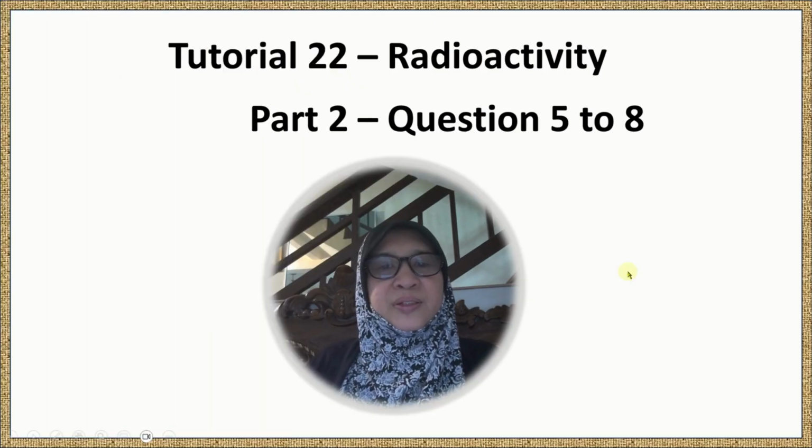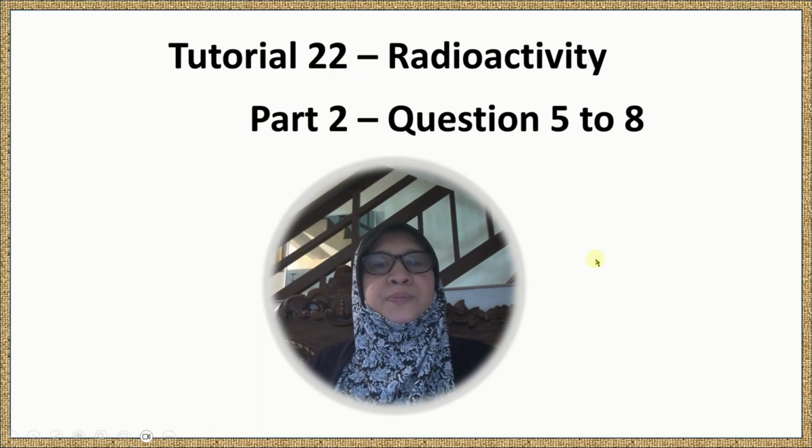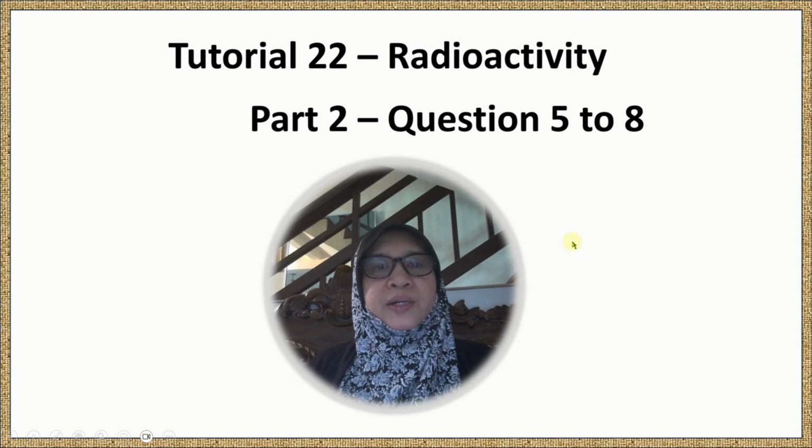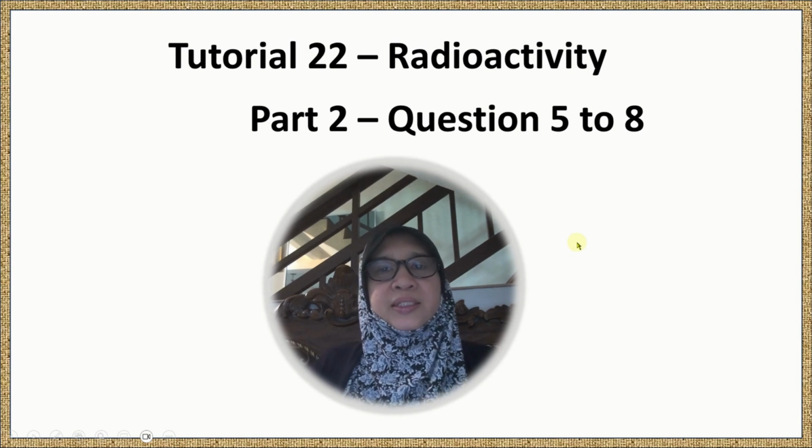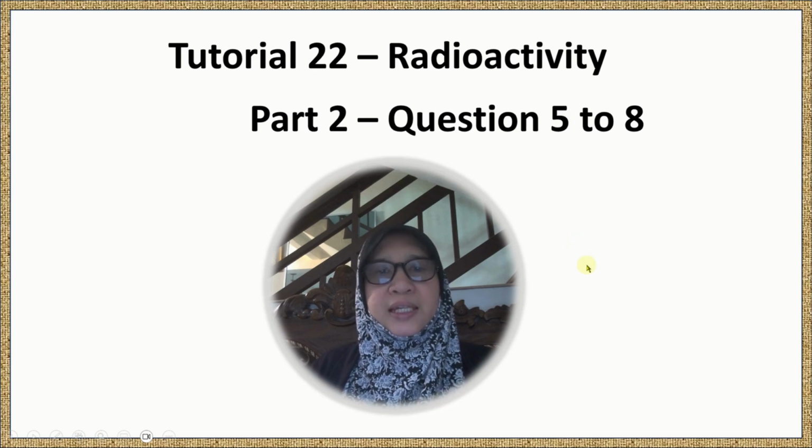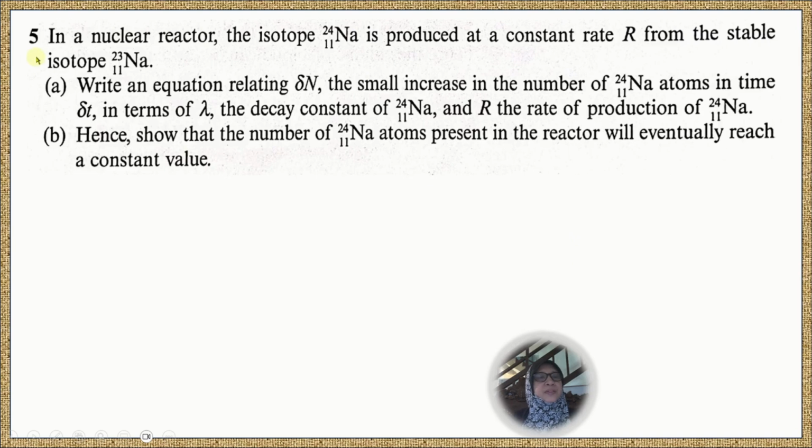Okay, we continue tutorial 22, part 2, topic radioactivity. The questions we are going to discuss are question 5 to question 8. Question 5. In a nuclear reactor, the isotope natrium-24 is produced at a constant rate R from the stable isotope natrium-23.